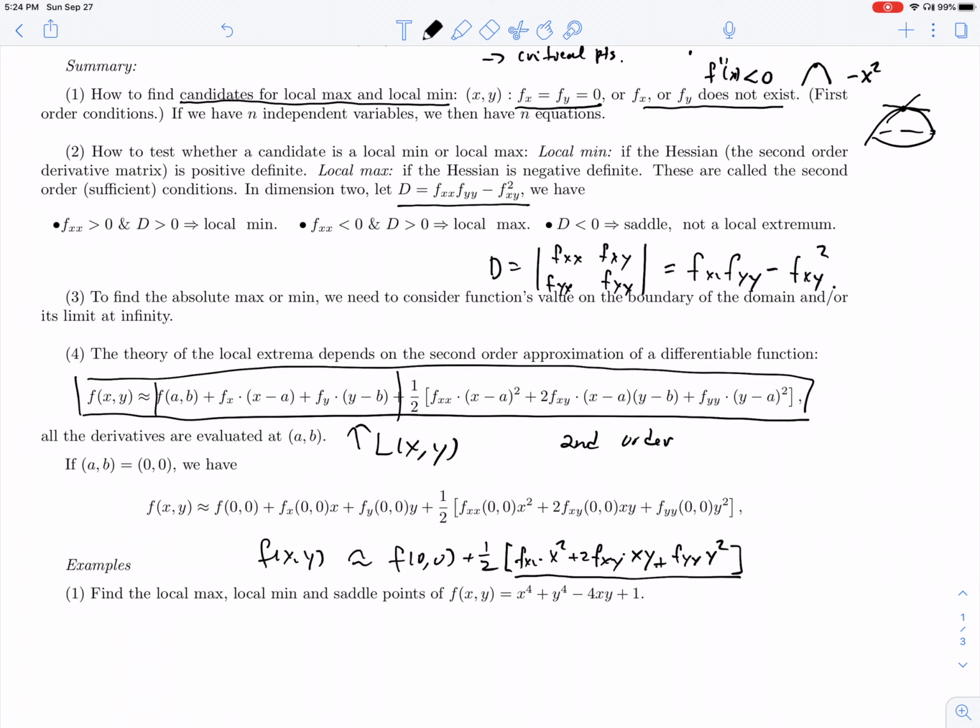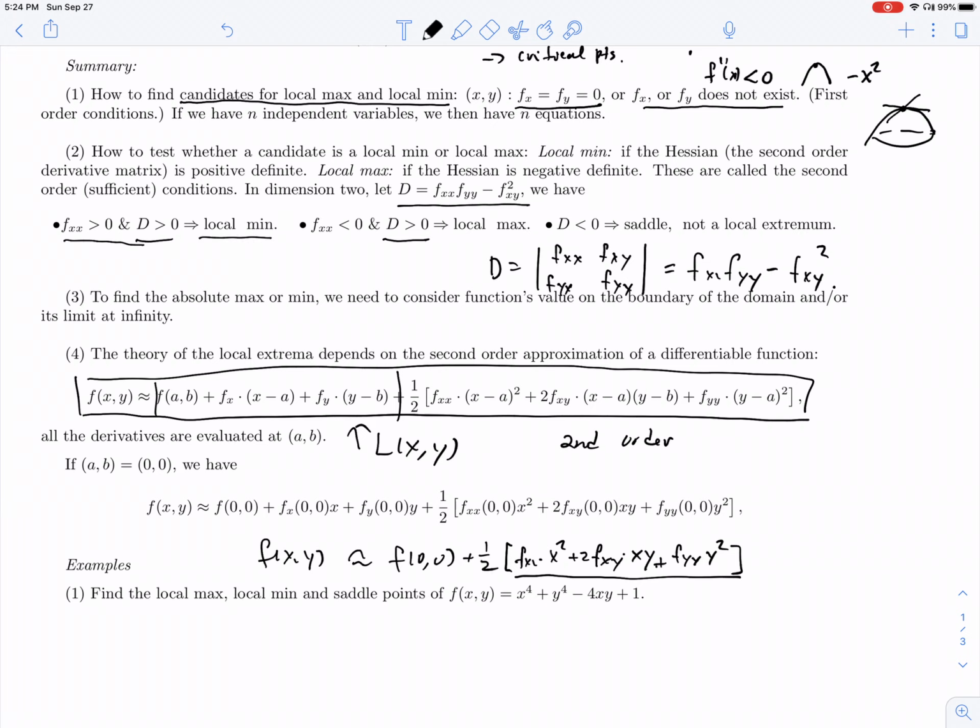Okay. So if the determinant is bigger than 0, then we also look at the diagonal. If fxx and fyy are both positive, then it has to be local minimum.